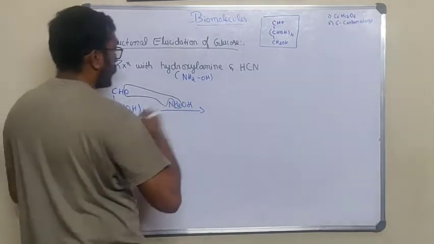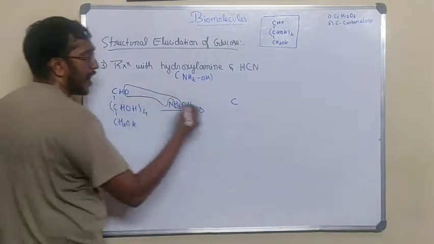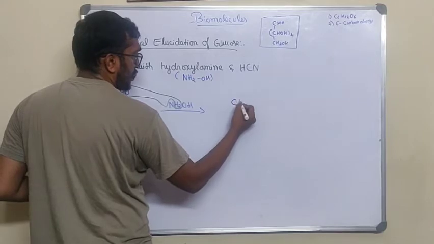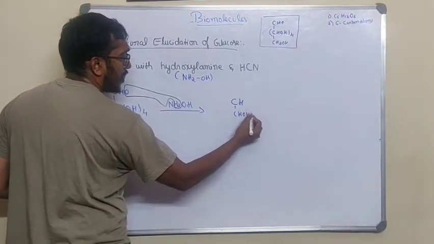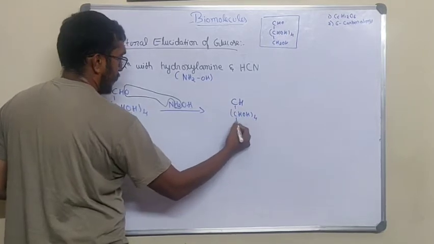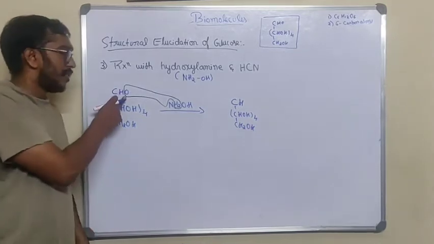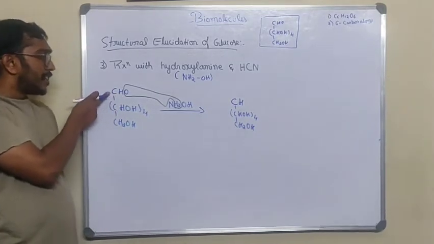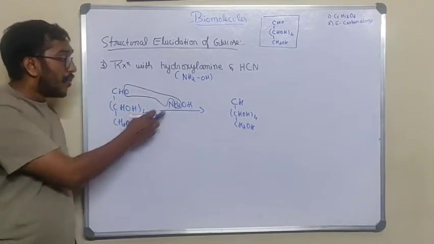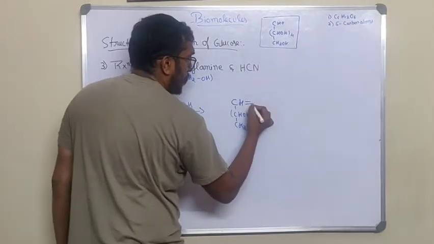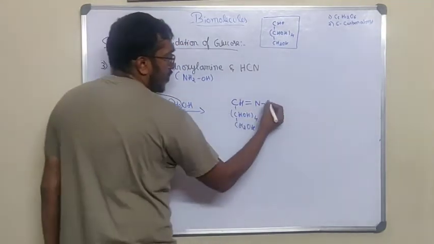What is the product we are going to get here? This carbon atom already contains hydrogen, so CH, CHOH 4 times, CH2OH. In the place of C double bond O, double bond N is going to come, and this nitrogen is bonded to an OH group.